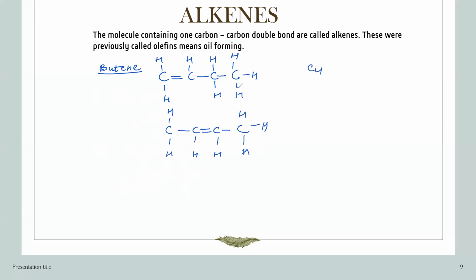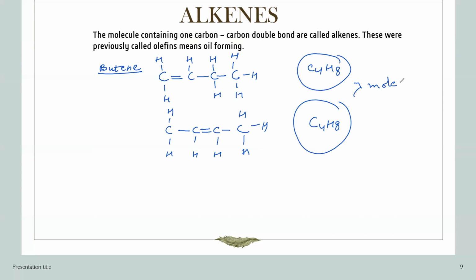How many H are there? 3, 4, 5, 6, 7, 8. And here also count the H. They are 8. The molecular formula is same, but the structures are different. They both have different structures.